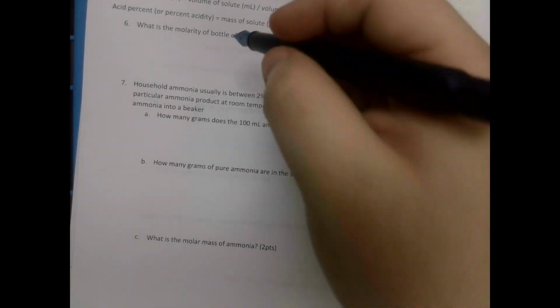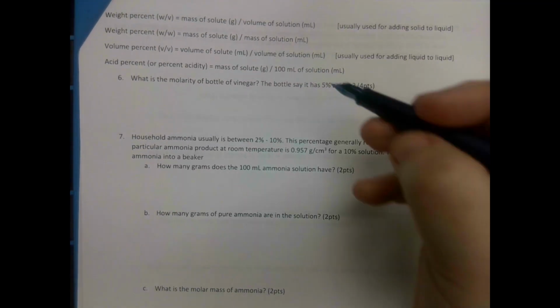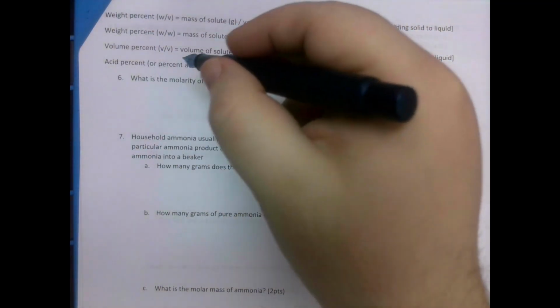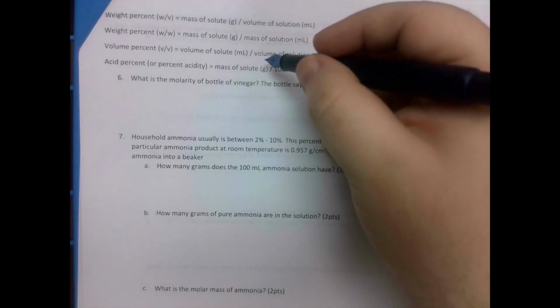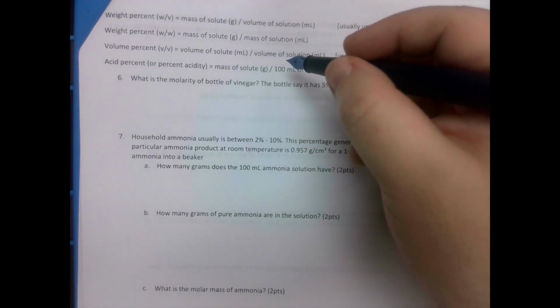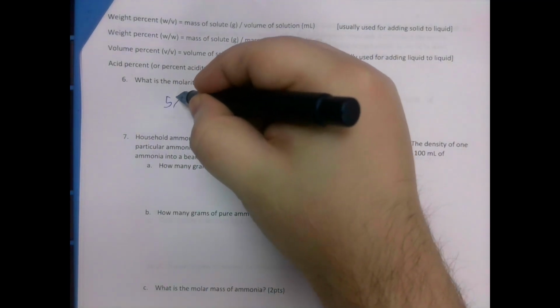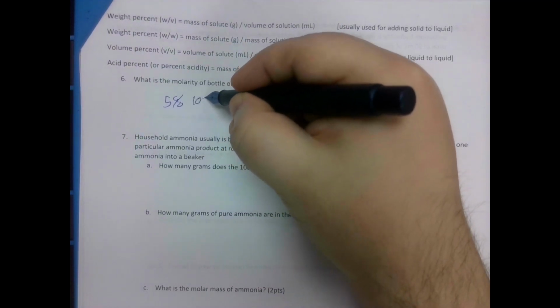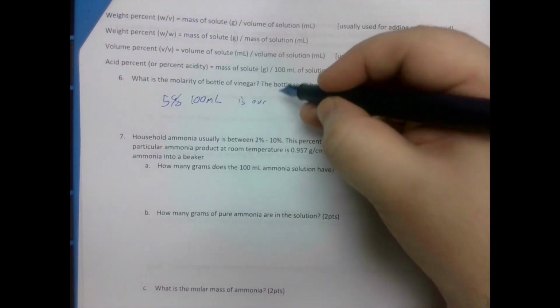What is the molarity of a bottle of vinegar, given that the bottle says it has 5% acidity? The percentage states that it's the mass in grams of the solute, the vinegar, per 100 milliliters of solution. So that means 5% of 100 milliliters is our vinegar in grams.